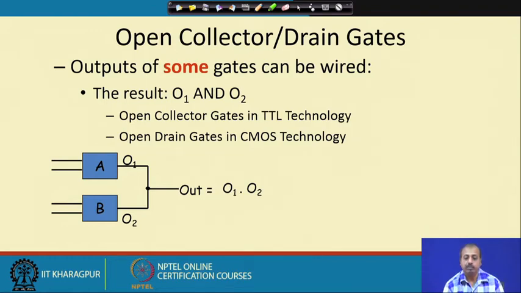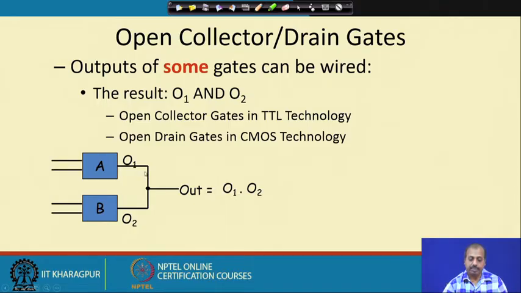For example, if you are using TTL technology, then this connection will result in an AND operation of O1 and O2. Similarly, for open drain gates in CMOS technology, you will get an AND operation. So, you will get the output as the AND of these 2.